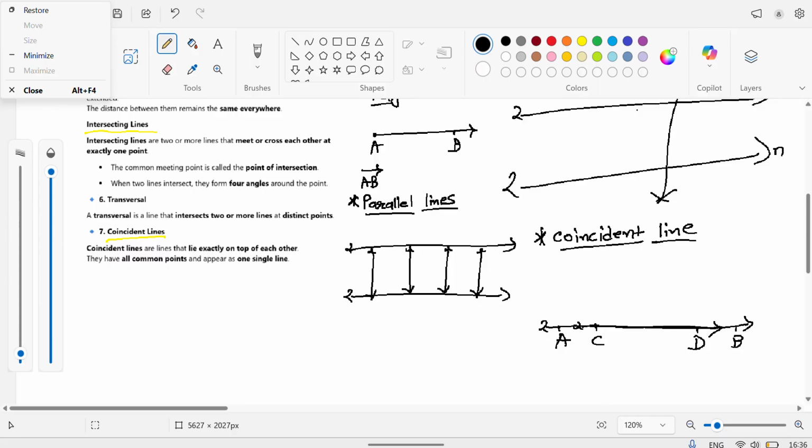These two lines we can say are coincident lines. It means all the points which lie on line AB are points on line CD, and the points on line CD are also points on line AB.